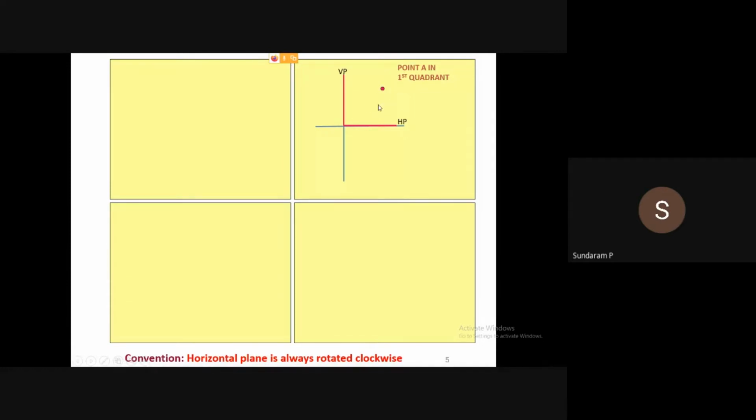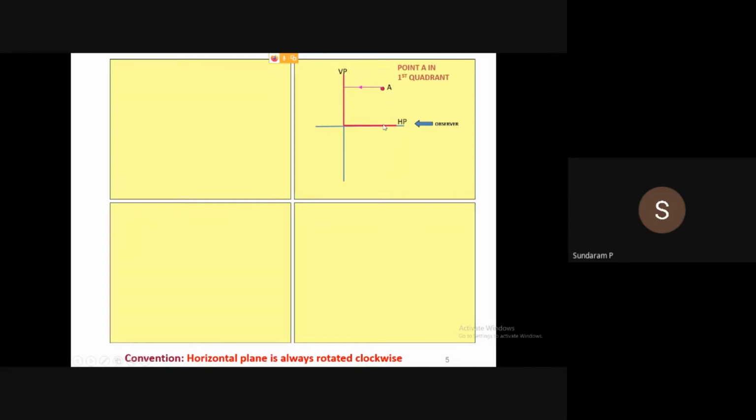So how can we obtain the front view and top view? When we make the drawing, the observer is always standing on the right-hand side and looks at the point, and we get the front view on the vertical plane. Once again I repeat, the point is above the horizontal plane.